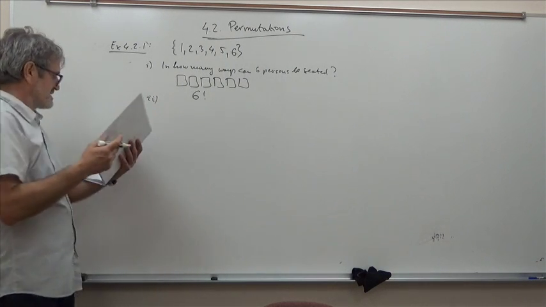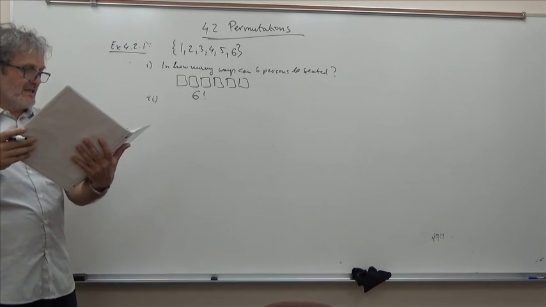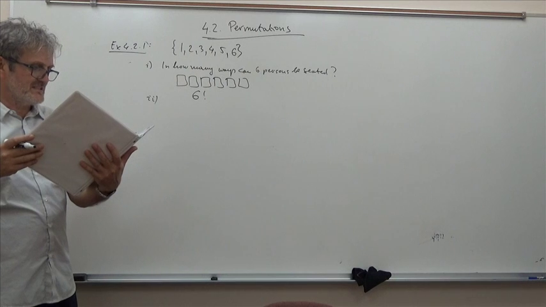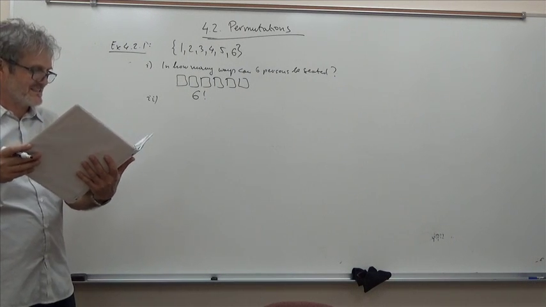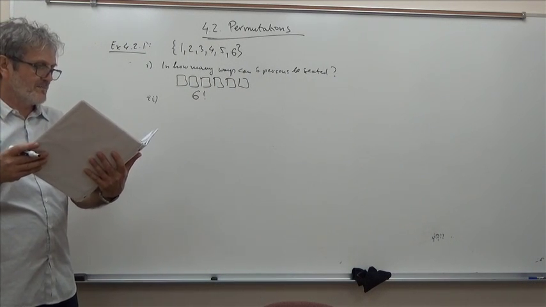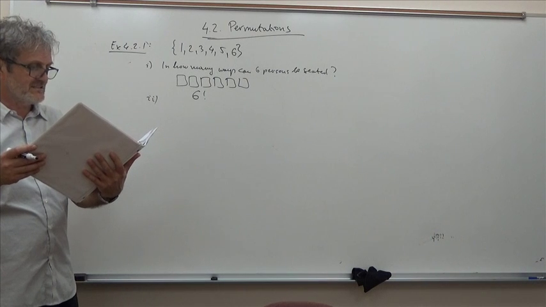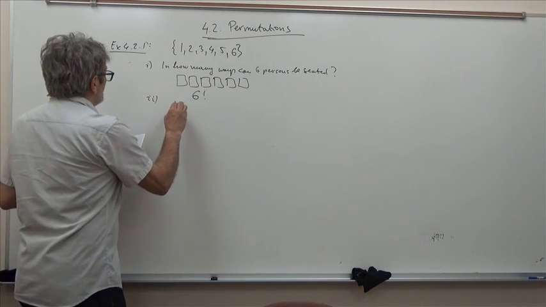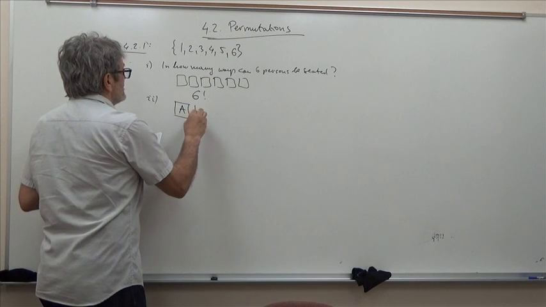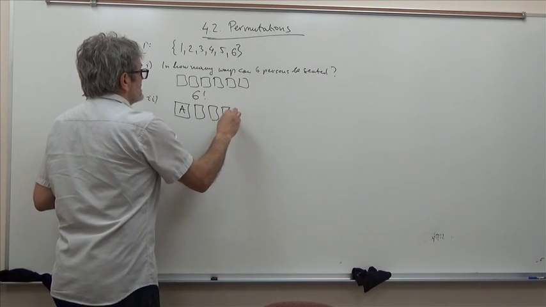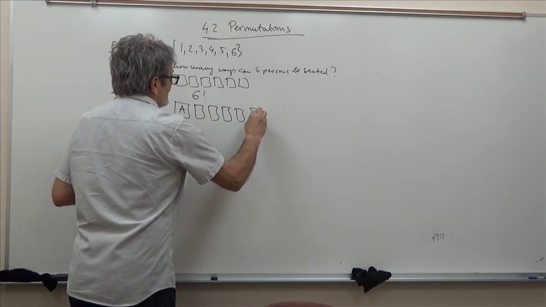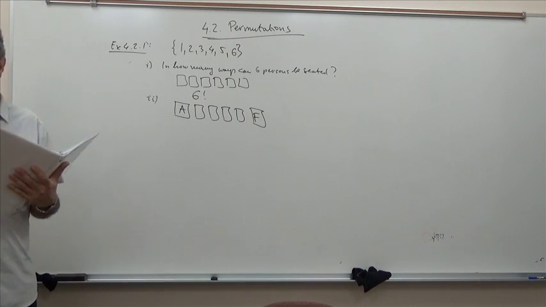Now those little adjustments. They say the following: in how many ways can they be seated if person A must sit on seat number 1 and person F must sit on number 6? So what happens here? No more freedom here. A must be here, and F must be here for whatever reason.